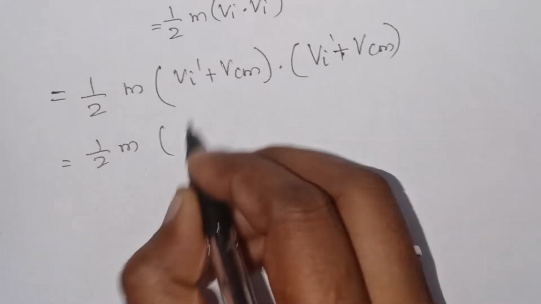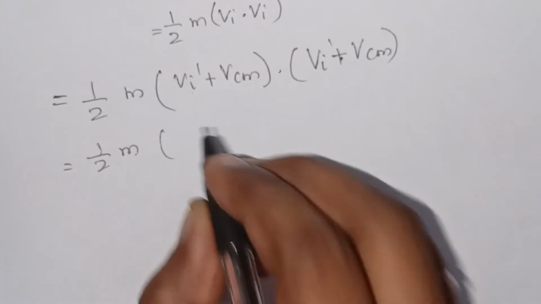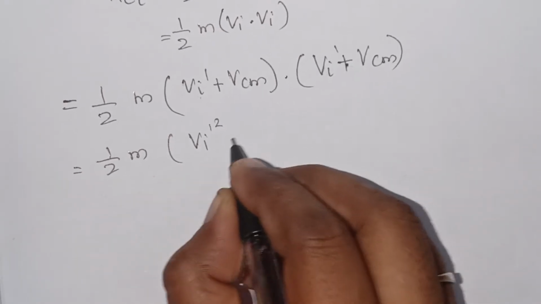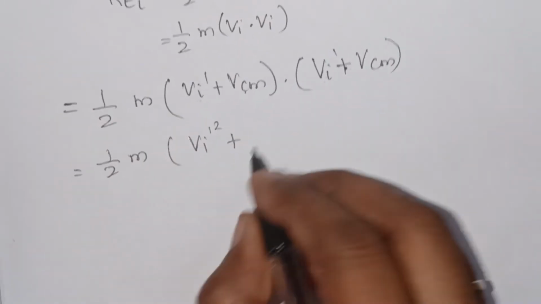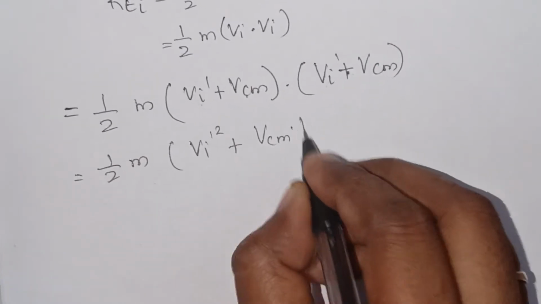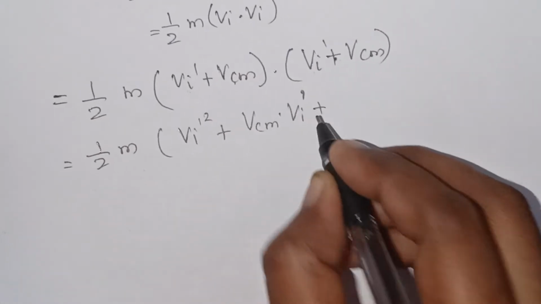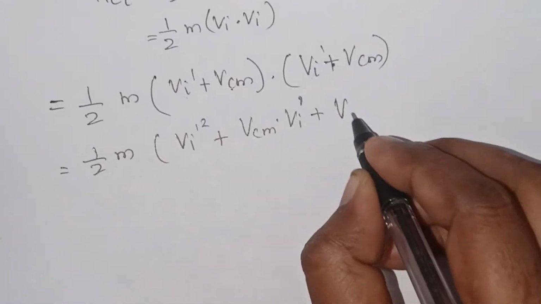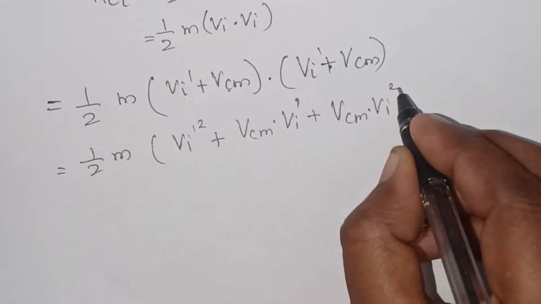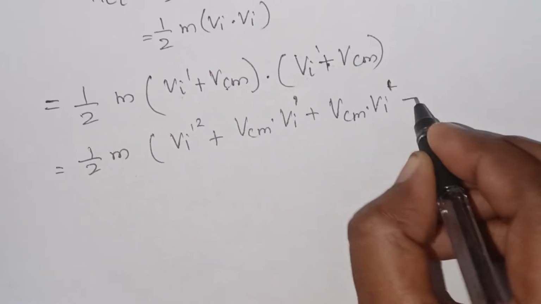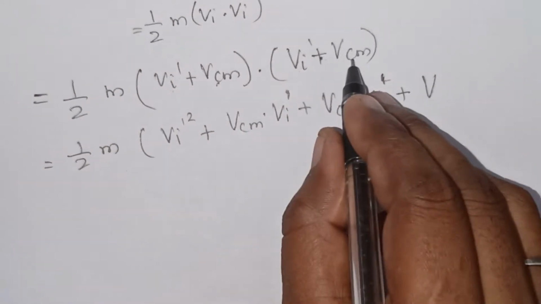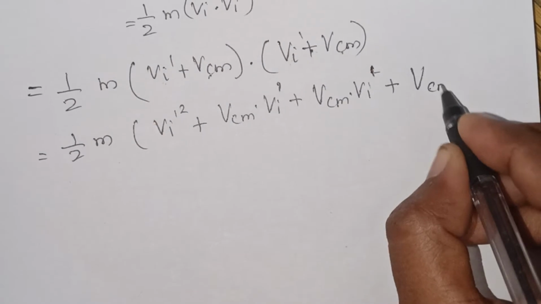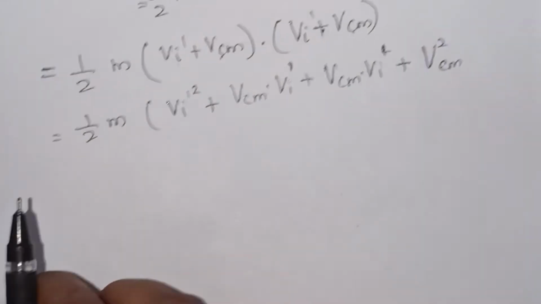Half m, Vi dash into Vi dash is Vi dash squared, plus Vcm into Vi dash, plus Vcm into Vi dash, plus Vcm into Vcm, which is V squared cm.